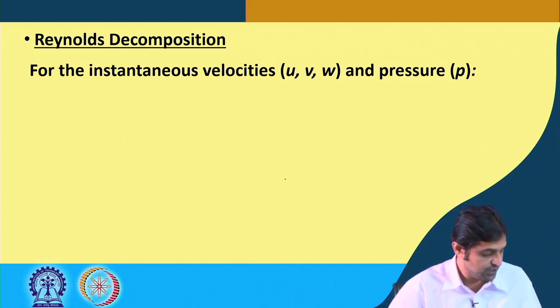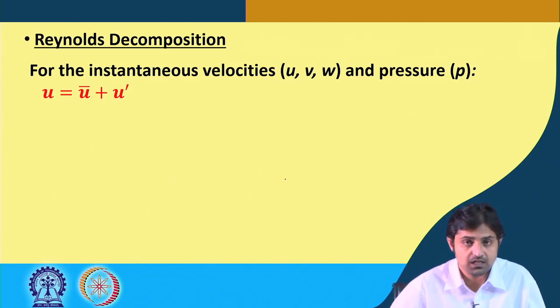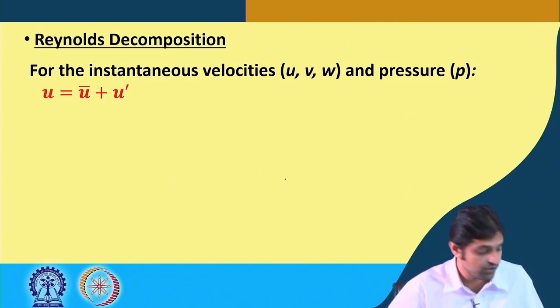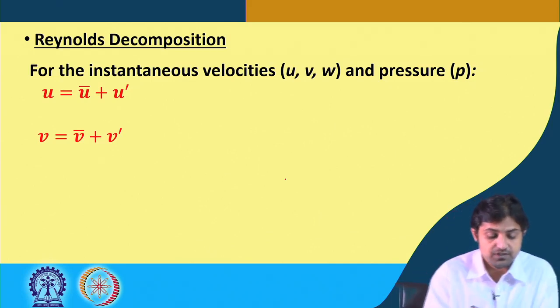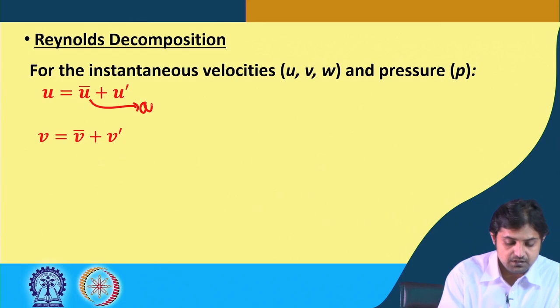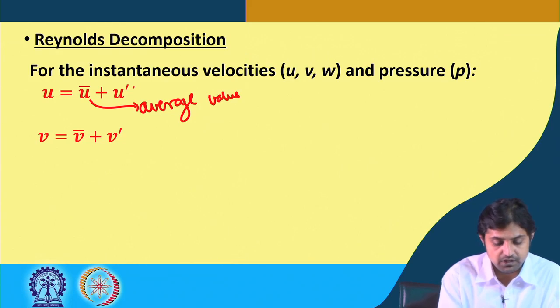and the pressure p, u can be written as u bar plus u prime, and v is written as v bar plus v prime. Whatever is under the bar denotes the average value, and whatever is with the prime indicates the fluctuations.